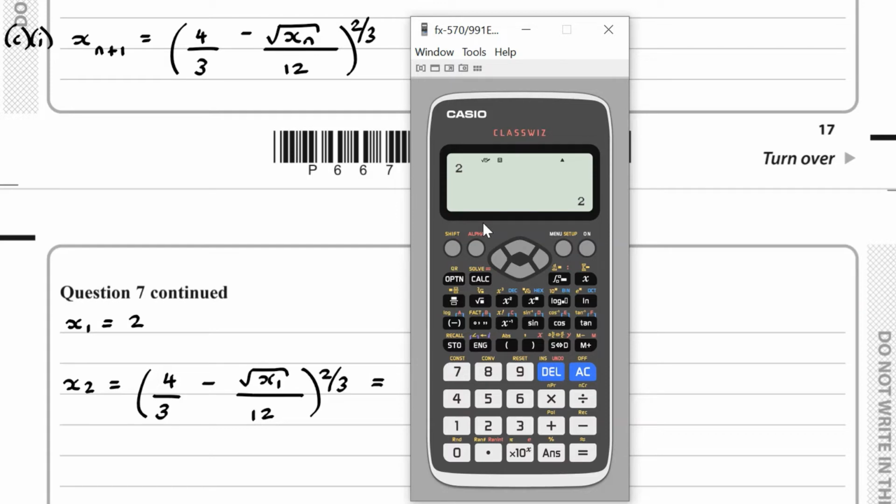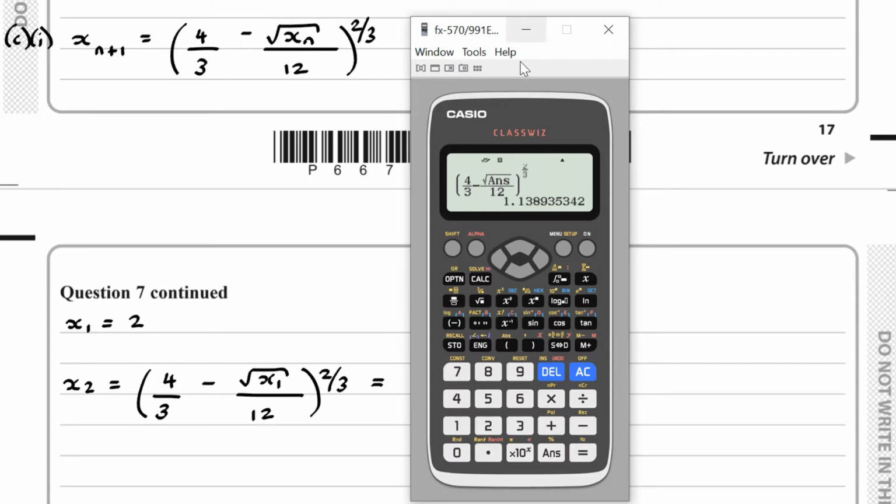So with this, we type in this over here, replacing x1 with answer. So we have 4/3 minus the square root of answer over 12, to the power of 2/3.